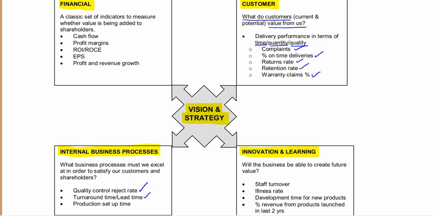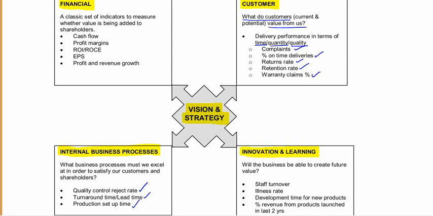How quickly have we been able to turn a customer's order into an item coming off the production line, and also setup times. If you're in a kind of traditional manufacturing scenario, you might want to look at how quickly you can get the production line set up and moving if a customer order is placed. Again, not the only things that you could have there, but you get the idea.